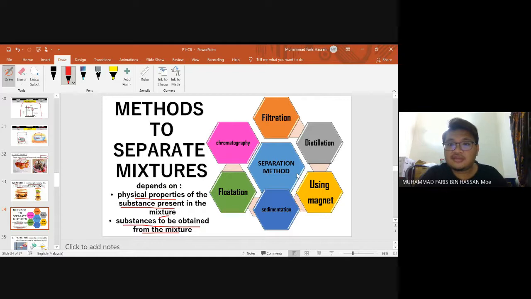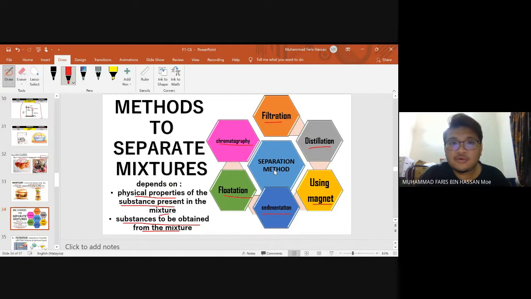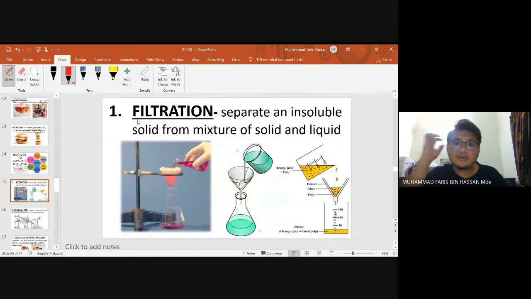The six separation methods are filtration, distillation, using a magnet, sedimentation, flotation, and chromatography. So we go first to the filtration method.